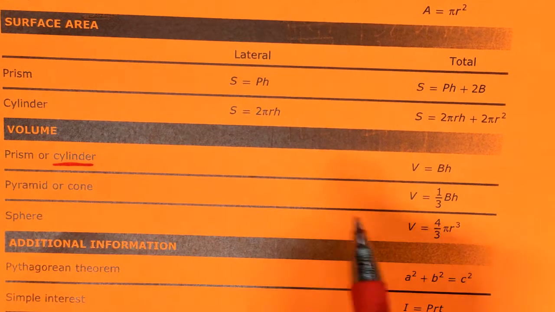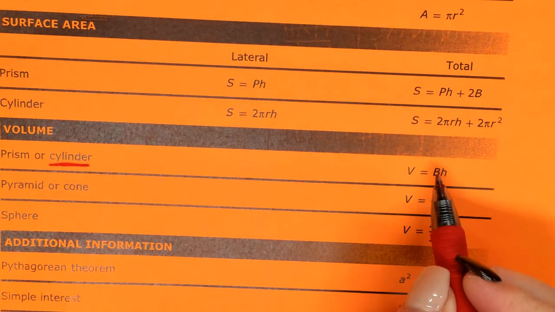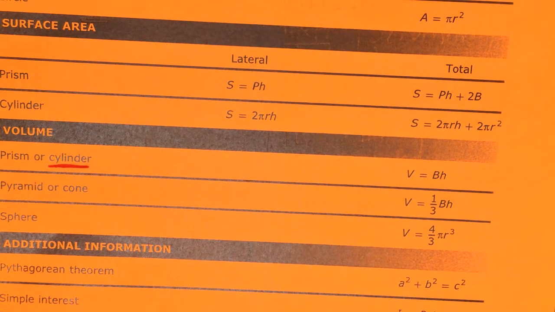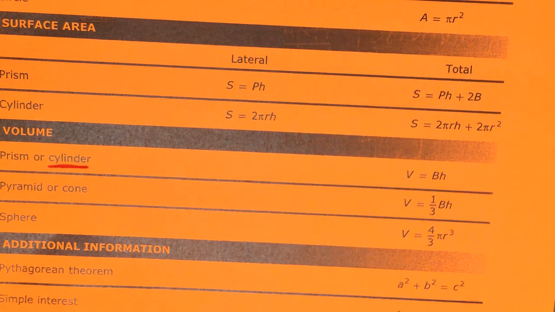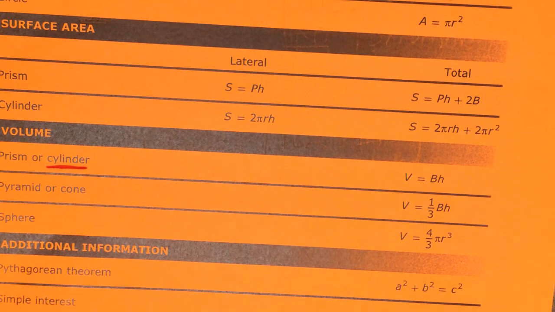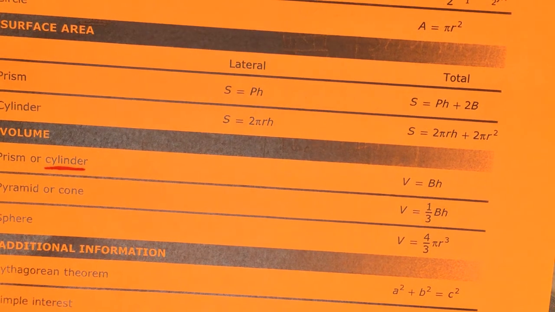Volume of a cylinder. And what does this formula say? But is that a little b or a big B? Big B means something. Big B means area of the base. So there's actually two formulas in the formula.